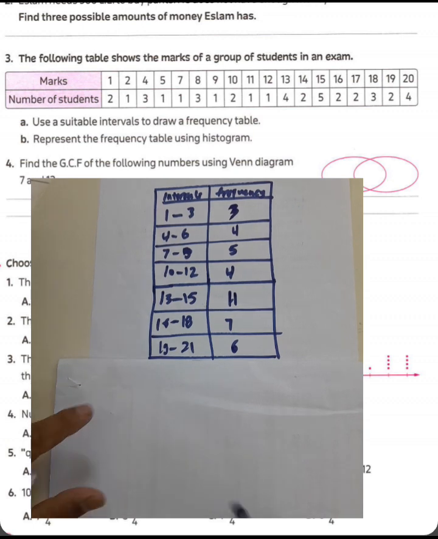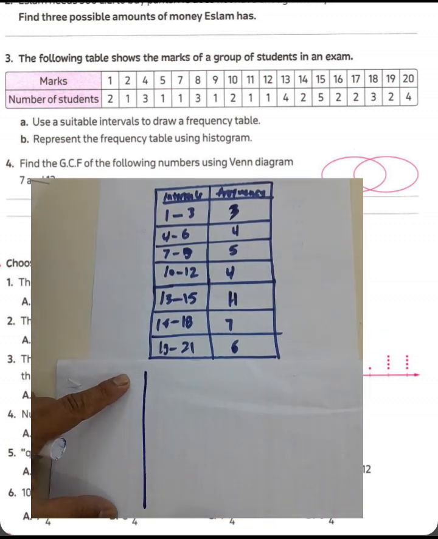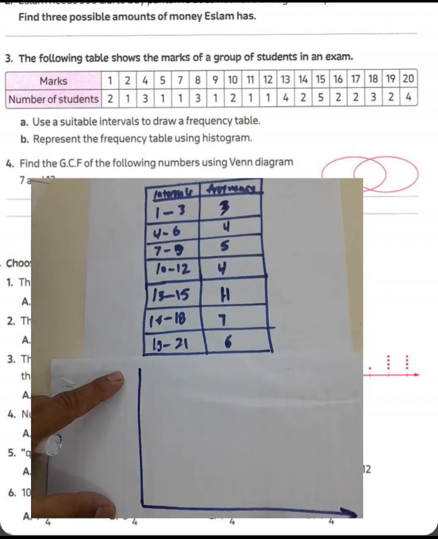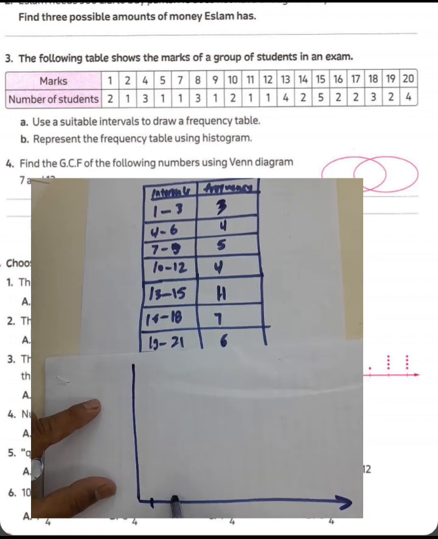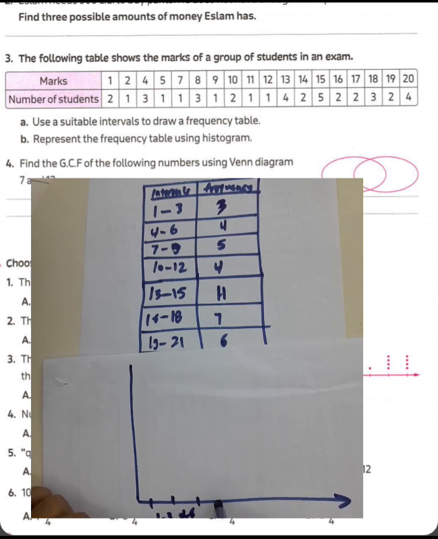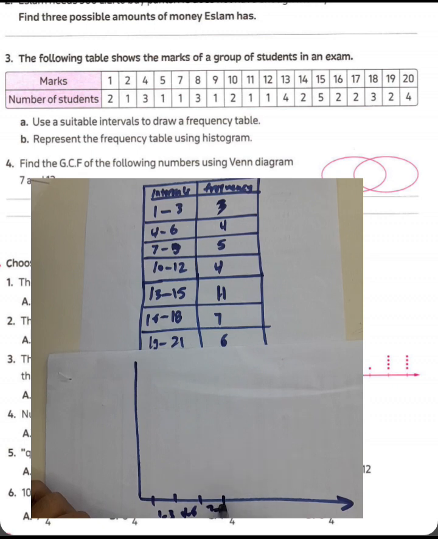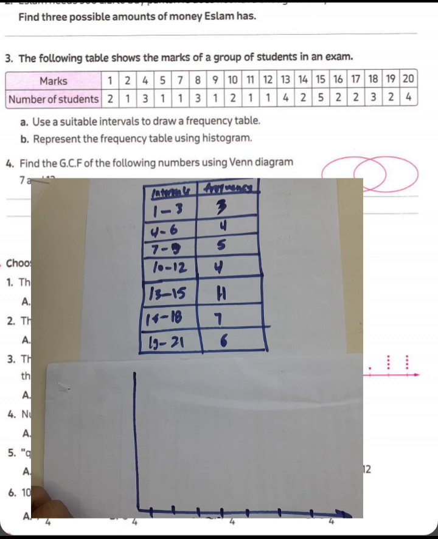And the next step, I will draw the histogram here. There is an interval. First interval from 1 to 3. And here the next step 4 to 6, and 7 to 9, and 13 to 15, 16 to 18, 19 to 21.